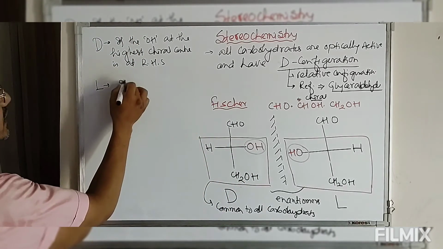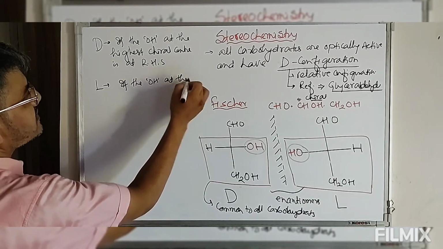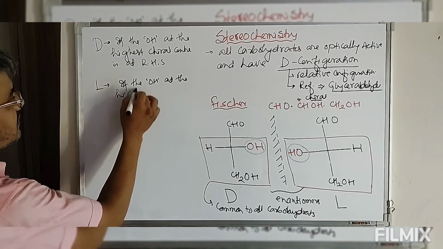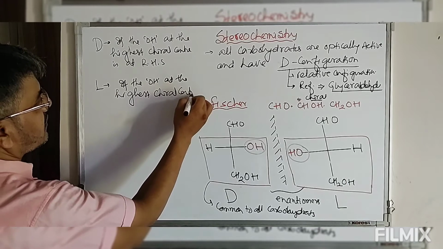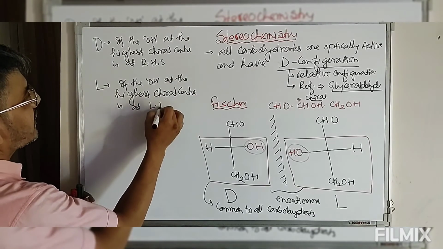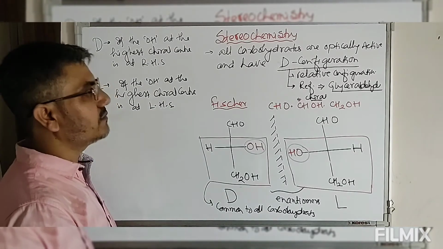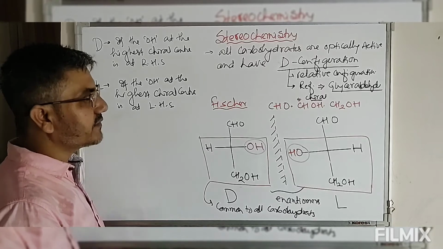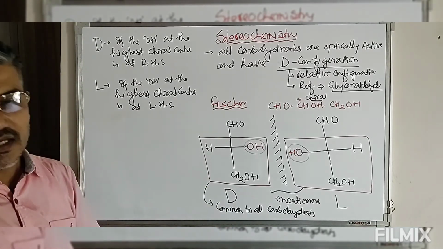It is an L isomer if the OH at the highest chiral center is on the left hand side. So this is how we develop the relative configuration, that is, the capital D and capital L configuration.